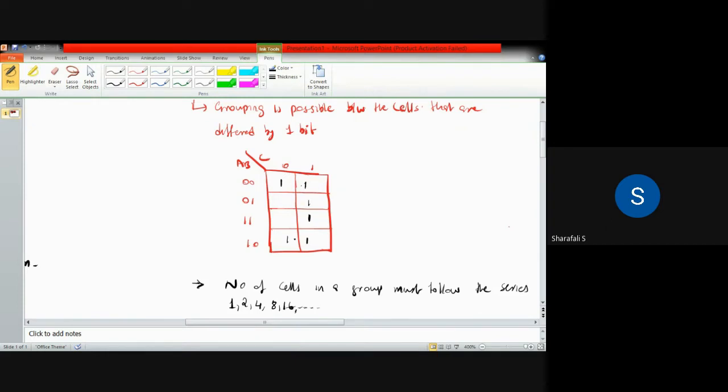So it has to follow like this. It's a 2 raised to n form. The number of cells in a group should follow this particular series.